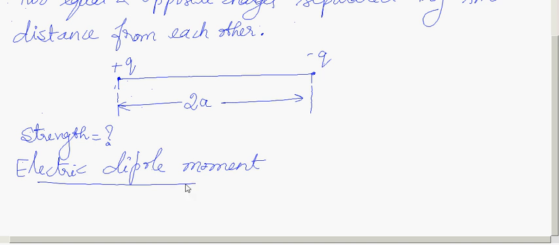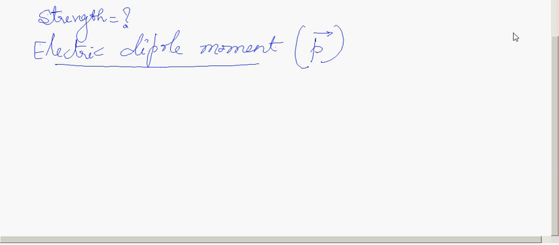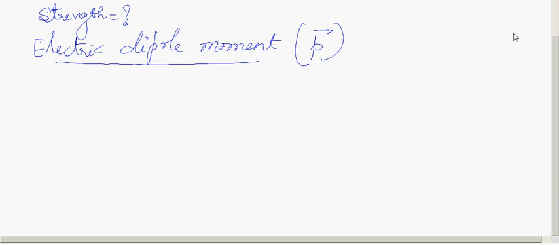Electric dipole moment is a vector quantity, symbolically represented as P. The magnitude of dipole moment is equal to the product of the magnitude of either charge and the separation between the two charges.